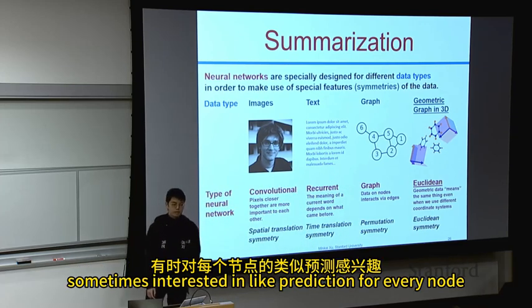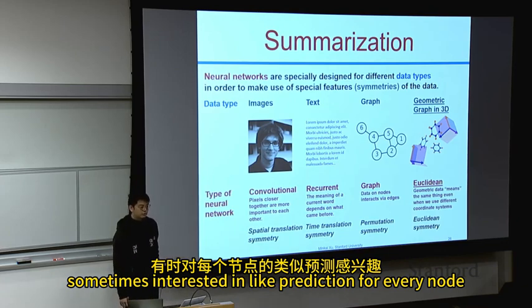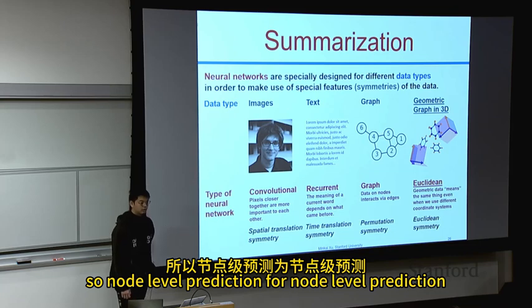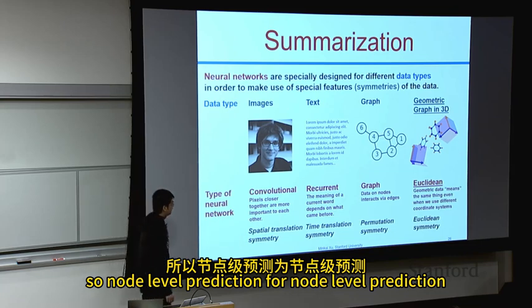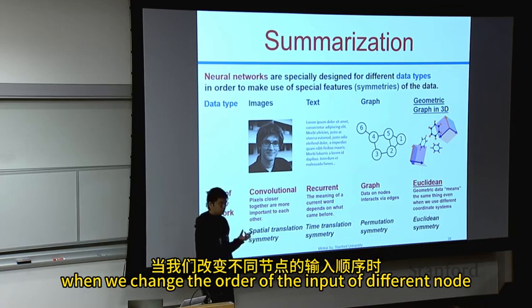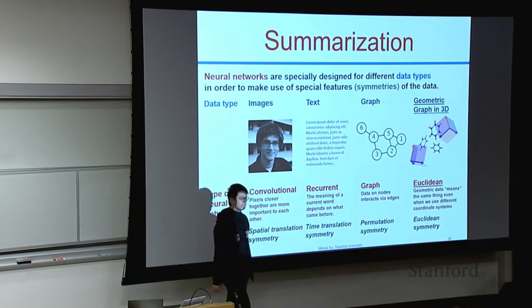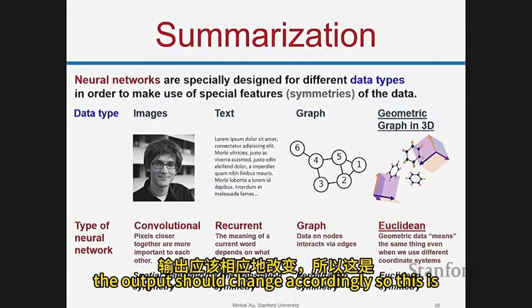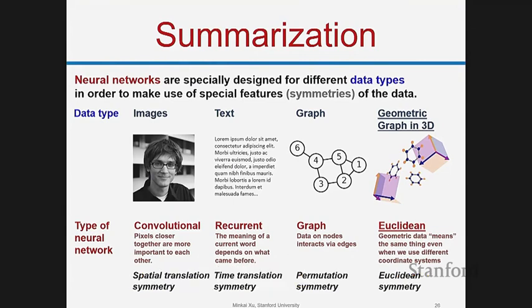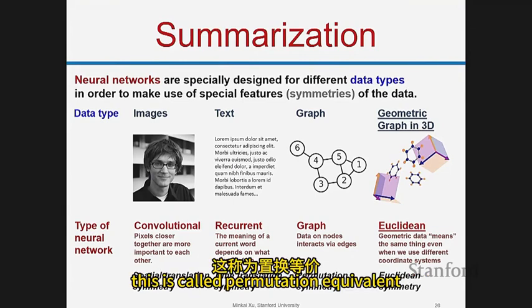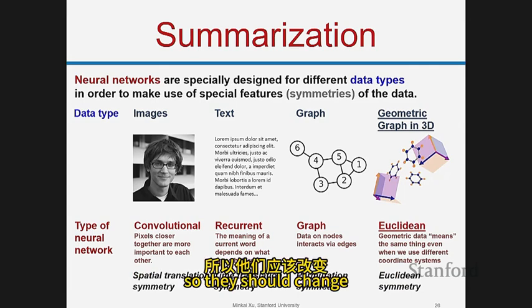We are also sometimes interested in prediction for every node, so node level prediction. For node level prediction, when we change the order of the input nodes, the output should change accordingly. This is called permutation equivariant. They should change in the same way.